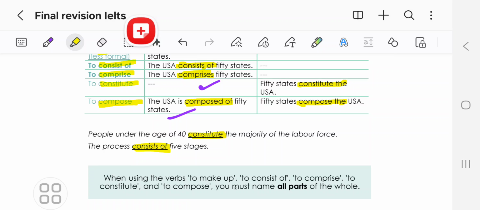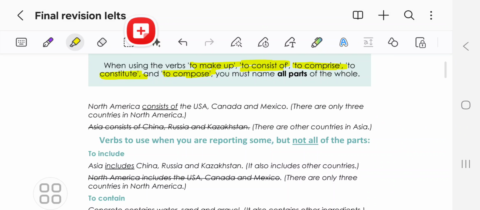Using the verbs to make up, to consist, to comprise, to constitute, to compose, you must name all the parts of the whole. Just remember, to compose this, you have to name all the parts it is made up of. For example, North America consists of USA, Canada, Mexico.